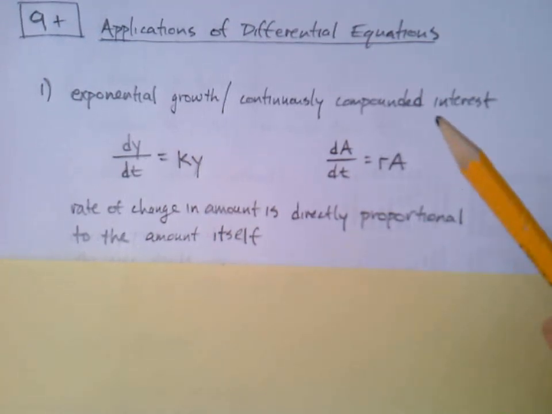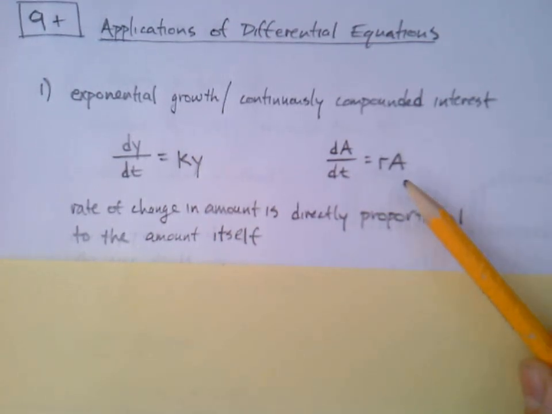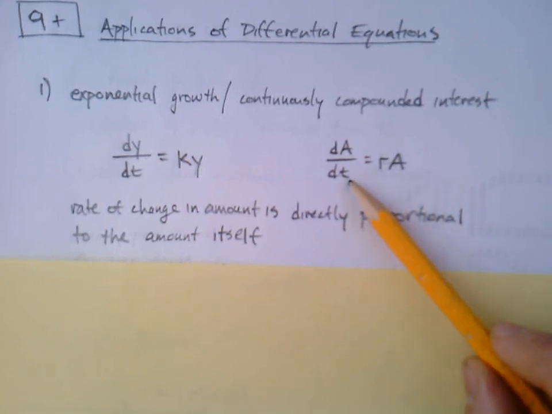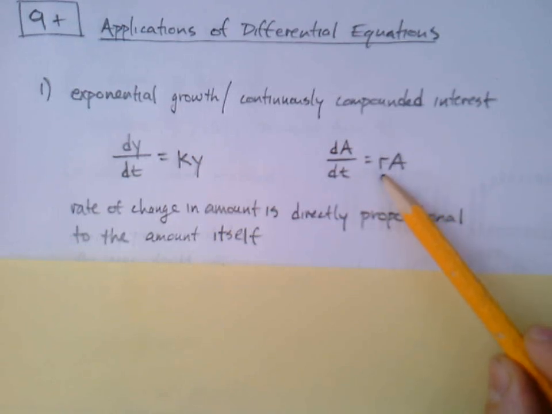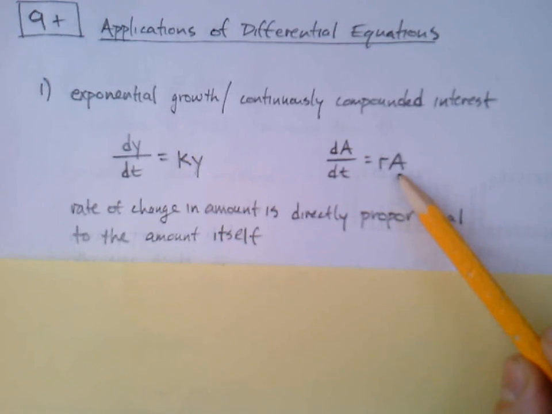Okay, so think about money, right? Let's say your investment is growing at a certain interest rate. Well, if you don't have very much money in the account, then the amount is not going to be changing very quickly. If you've got $100 in an investment, and hey, you might be getting a killer interest rate on that $100, but it's only $100, so it's not going to be growing very quickly.